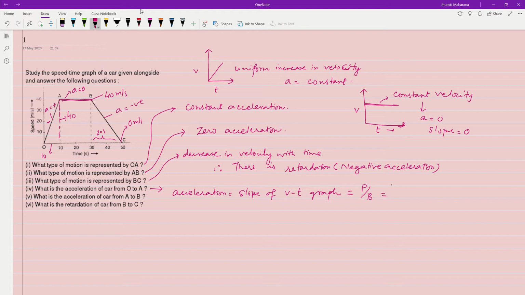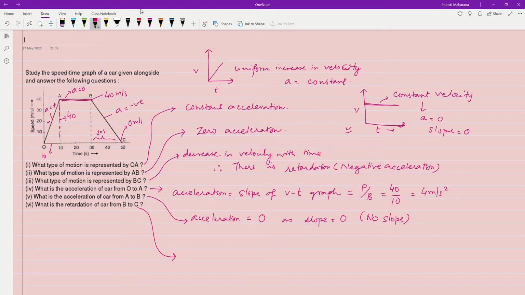So it is 40 by 10. So we get 4 meter per second square as the acceleration of the body. Now this one, acceleration of the car between A to B, we have already discussed this. Here acceleration is equal to 0 as slope is equal to 0. There is no slope. Therefore acceleration is equal to 0.